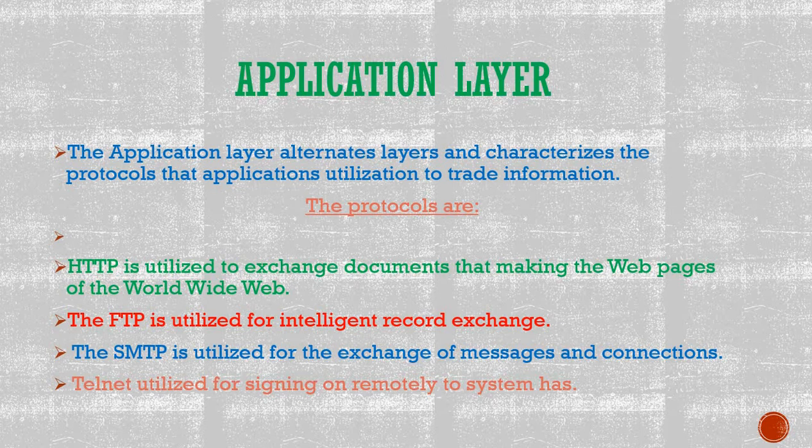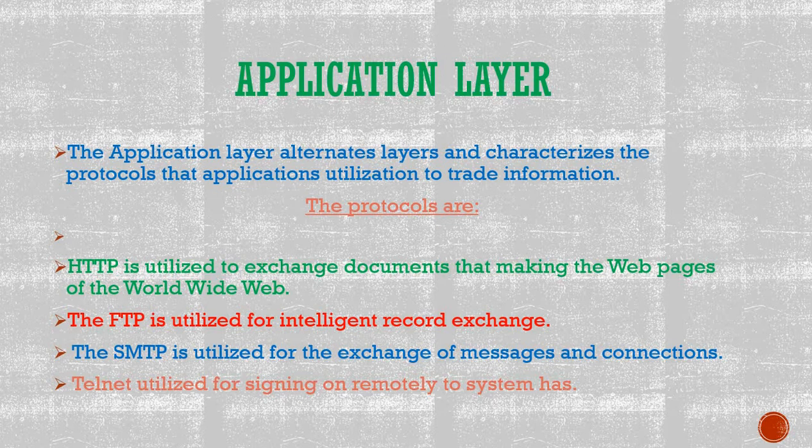After that, the next layer is the application layer. This application layer consists of protocols such as HTTP, FTP, SMTP and Telnet. Now HTTP means Hypertext Transfer Protocol. This is utilized to exchange the documents that make up the web pages of the World Wide Web.